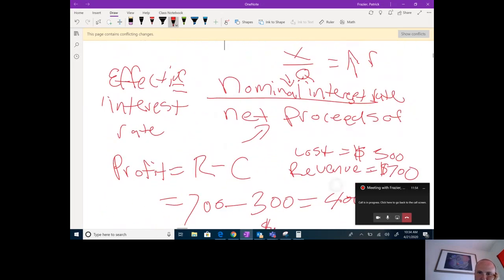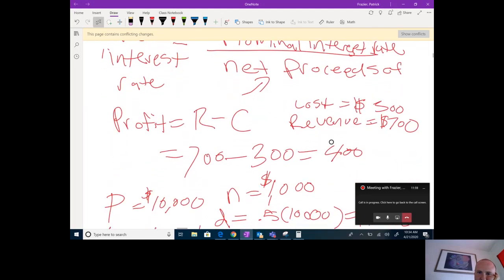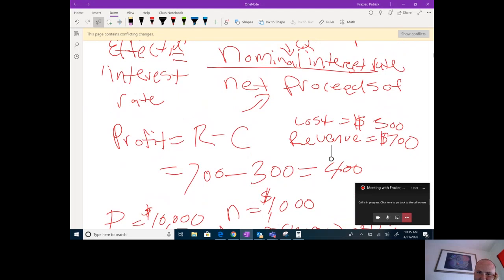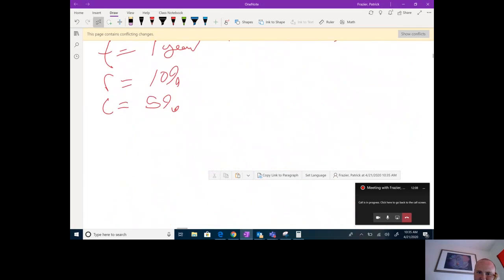So the cost of the nominal interest is, I suppose how you should think of that, because it's 10%, but what you're paying is $1,000.